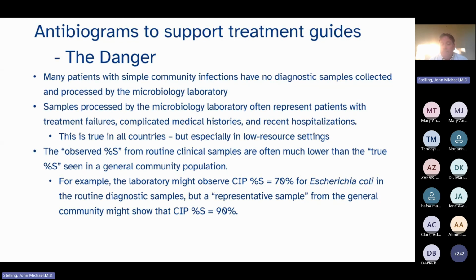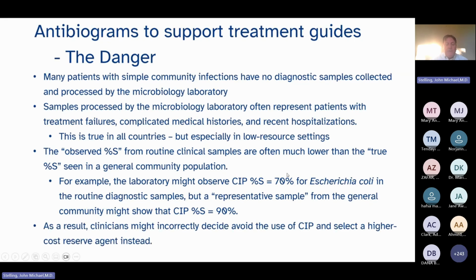You may have a representative sample, which might show that the susceptibility rate is 90%. So if I base my clinical decision on the 70%, well, that's on the next slide. As a result, clinicians might incorrectly decide with 70% susceptibility, this is not good enough. I will instead use imipenem.